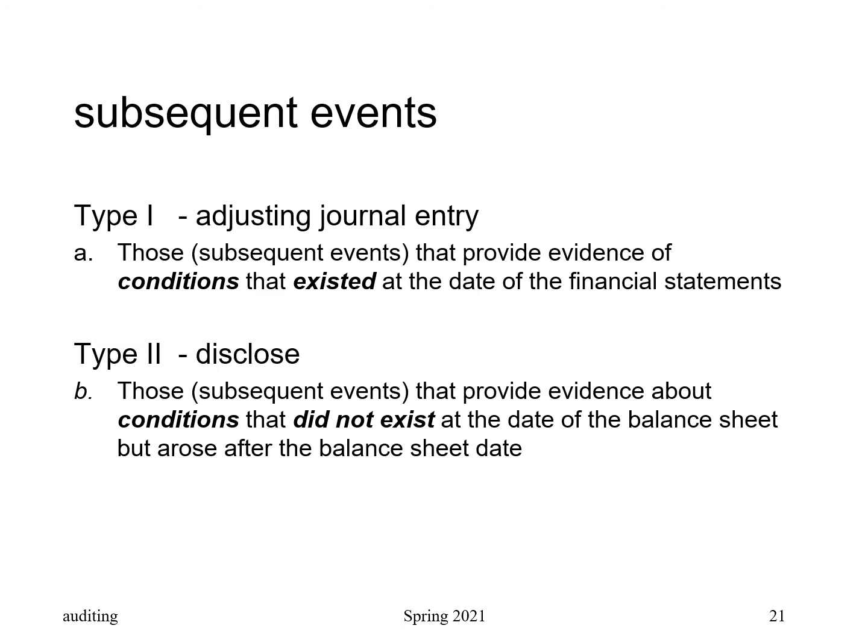Type 1, that require an adjusting entry, which require us to adjust the balances in the financial statements, are those subsequent events that provide evidence about a condition that existed as of the date of the financial statements. So the event was subsequent to the date on the balance sheet, but the underlying condition underlying the event existed as of the date on the financial statements. In that case, we're going to book an adjusting entry and change the numbers on the financial statements.